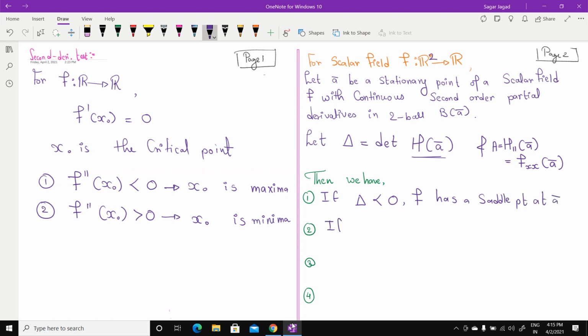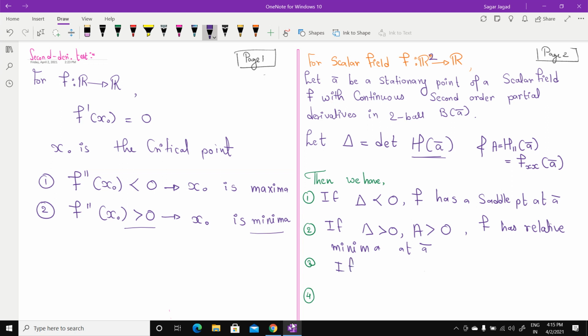If delta is greater than 0 and this a, the first coordinate, is also greater than 0, then f has a relative minima at a bar. Both are greater than 0, then it is minima. Similar to the one-variable case, if it is greater than 0, it is minima.